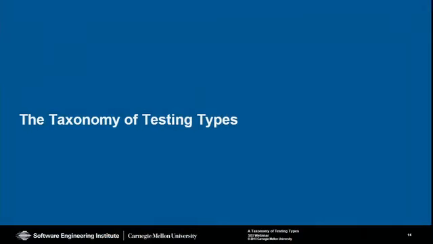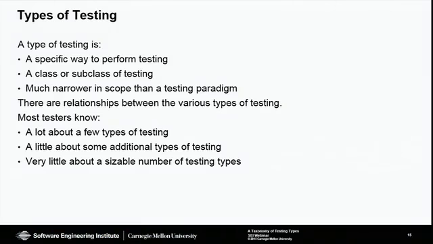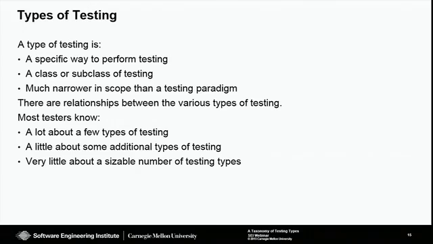So let's get into the actual taxonomy itself and first discuss what I mean by a type of testing. It's essentially a specific way of performing testing. And you can think of it as a class or a subclass of testing in the OO sense. So it's relatively specific, certainly more specific and narrower in scope than a testing paradigm such as agile testing or DevOps testing or traditional testing.